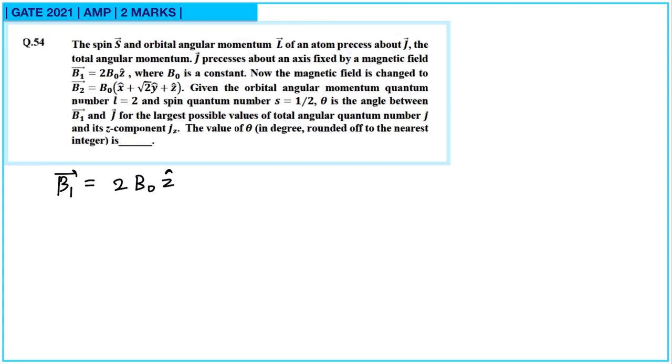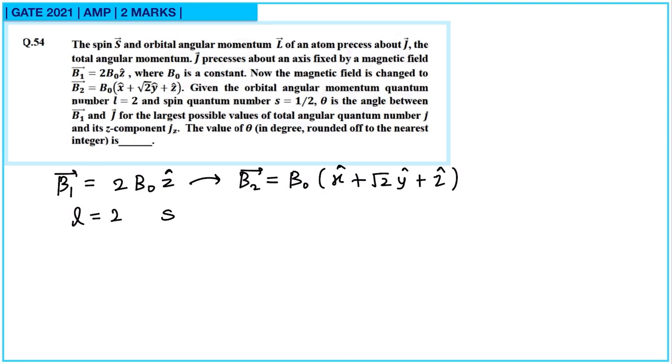Now the magnetic field is changed to B2 bar equal to B naught into x cap plus root 2 y cap plus z cap. Given the orbital angular momentum quantum number L is equal to 2 and spin quantum number S is equal to half, theta is the angle between B1 bar and J bar for the largest possible value of total angular momentum quantum number J and its component. The value of theta is.